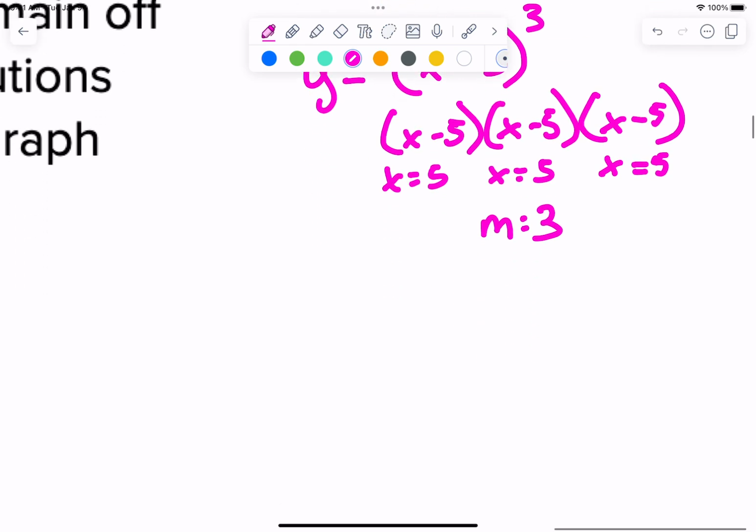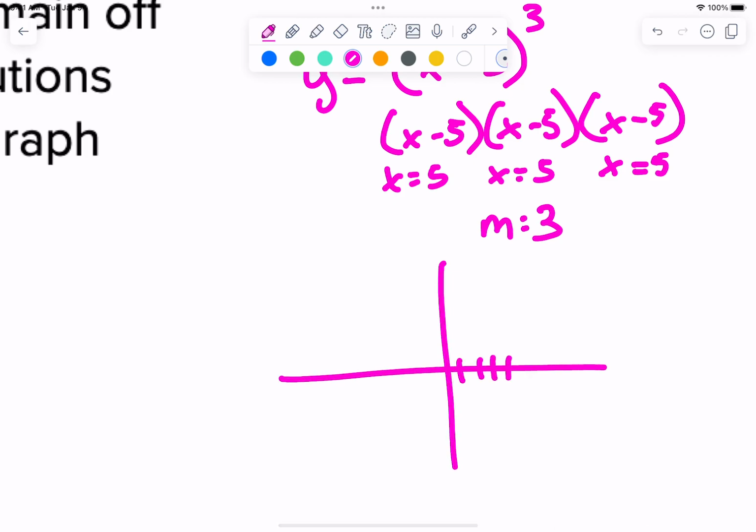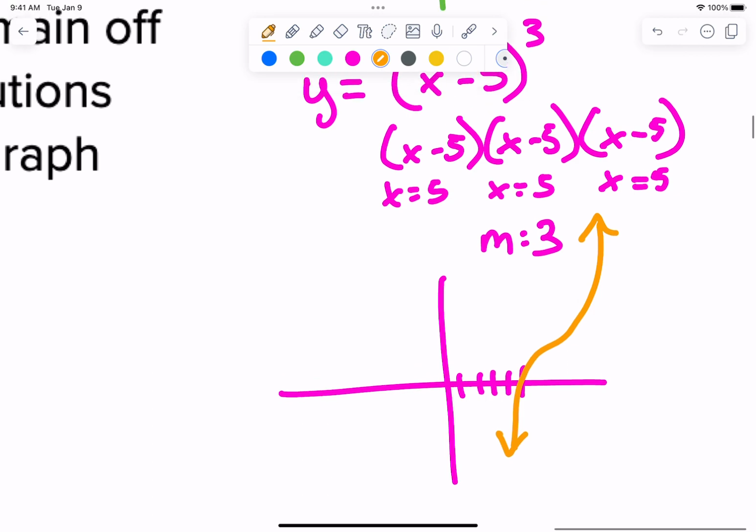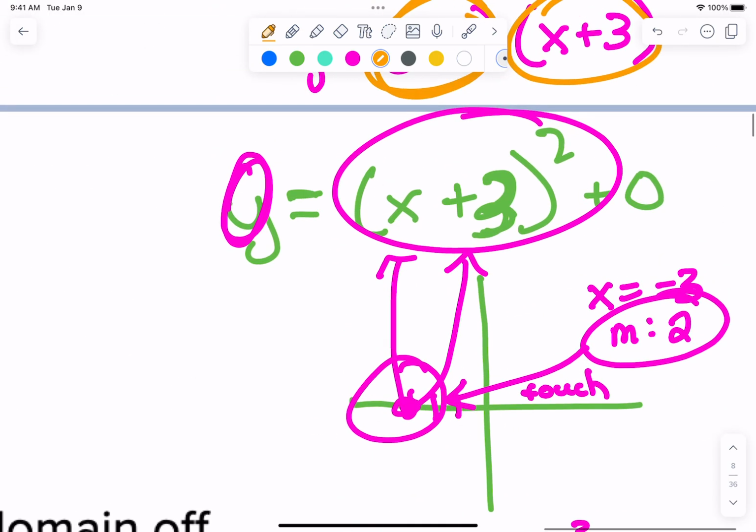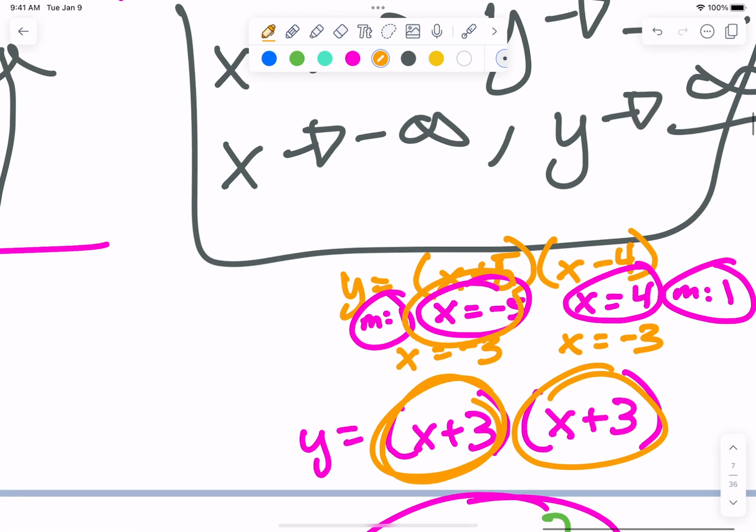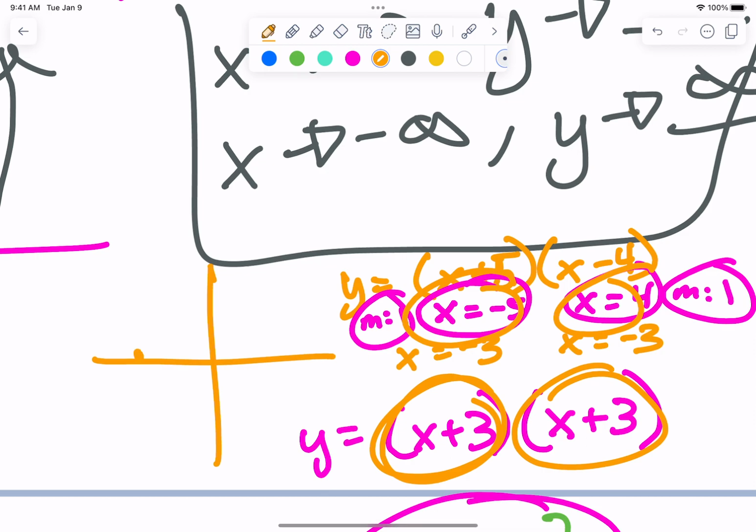It's showing up as an answer 3 times, which means at 5, he's going to cross. And he looks like this. That's a cubic function, and he's crossing at 5. Does that make sense? An odd multiplicity crosses, and an even multiplicity touches. Like this guy was negative 5 and 4. He was a quadratic function, at negative 5 over here and at 4 over here. He is crossing because he had multiplicity of 1, which is an odd multiplicity. Odd means cross, even means touch. I don't make up the rules. That's just the way that it works.